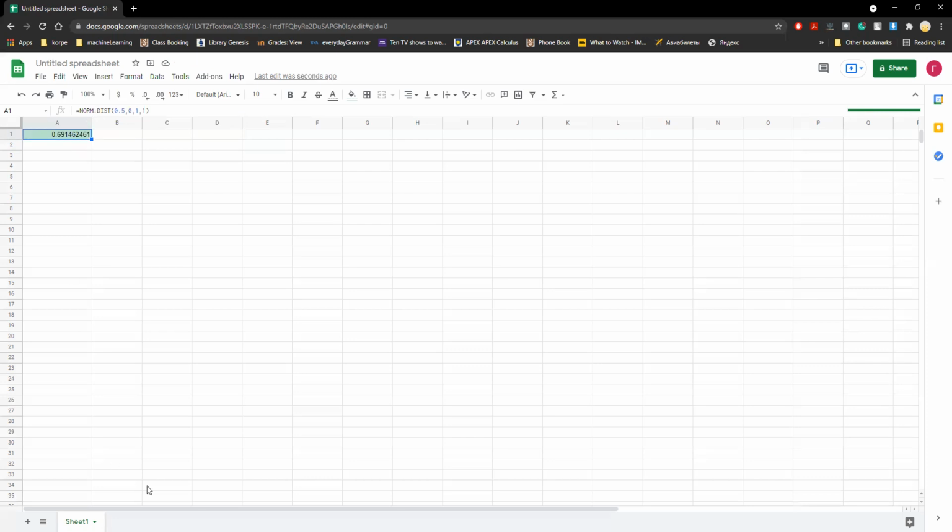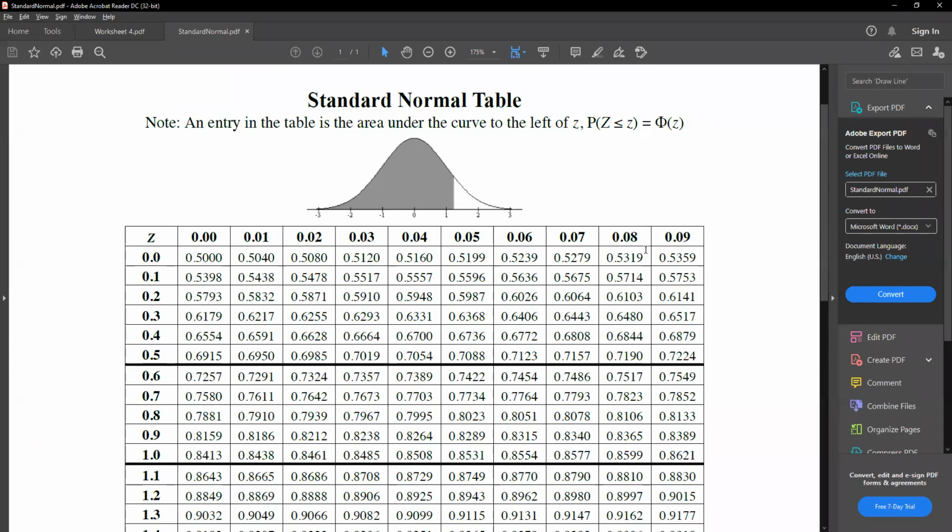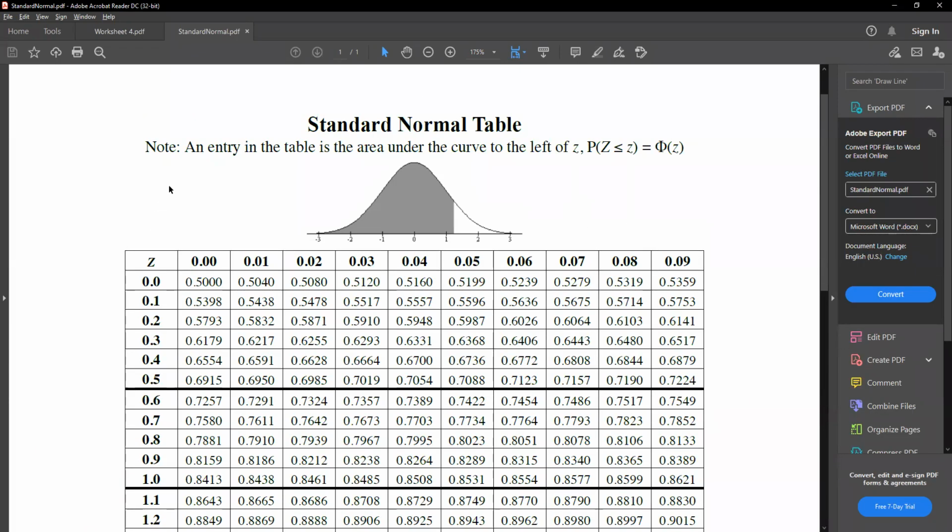Right, the second way to calculate standard normal values is through the use of the standard normal table. All right, here is the standard normal table. Then we are looking for the probability that z is less than 0.5. So 0.5 will be somewhere here.